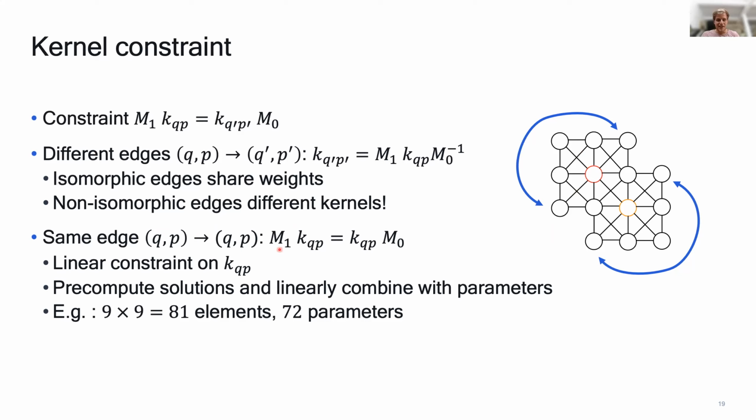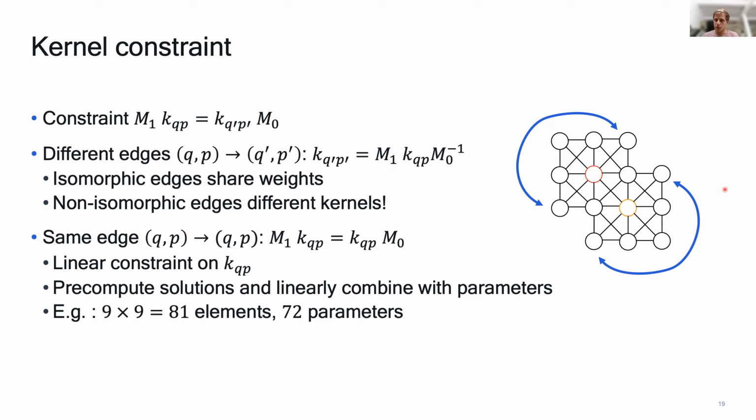What we do in practice is we can analyze this, and with basic linear algebra, we can find out what the solutions to this linear constraint are. And then we can linearly combine these solutions to find arbitrary matrices KQP that satisfy this constraint. And we can linearly combine them with learned parameters, giving us learnable kernels.